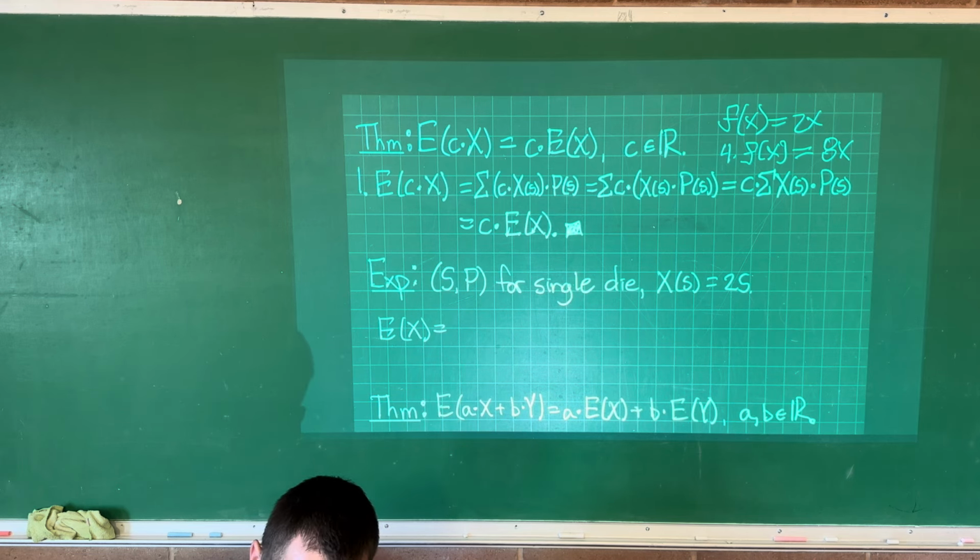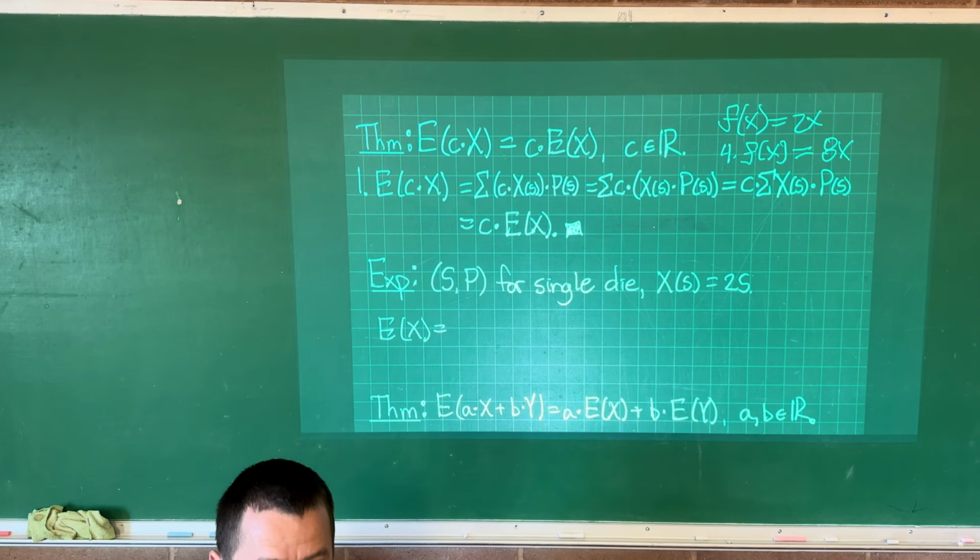And then factor the c out of my sum because it's the same for each term. And then this sum, the sum for all little s in big S of x of s times p of s, by definition is the expected value of x. So there we go.